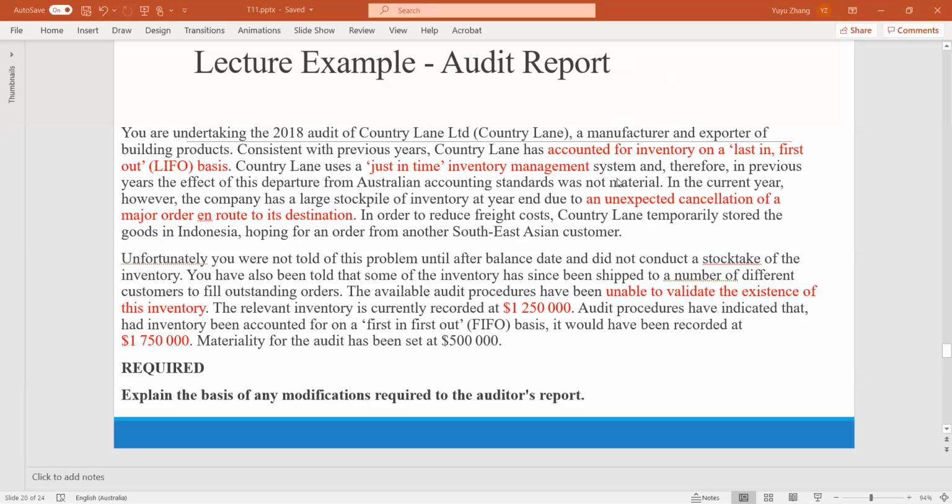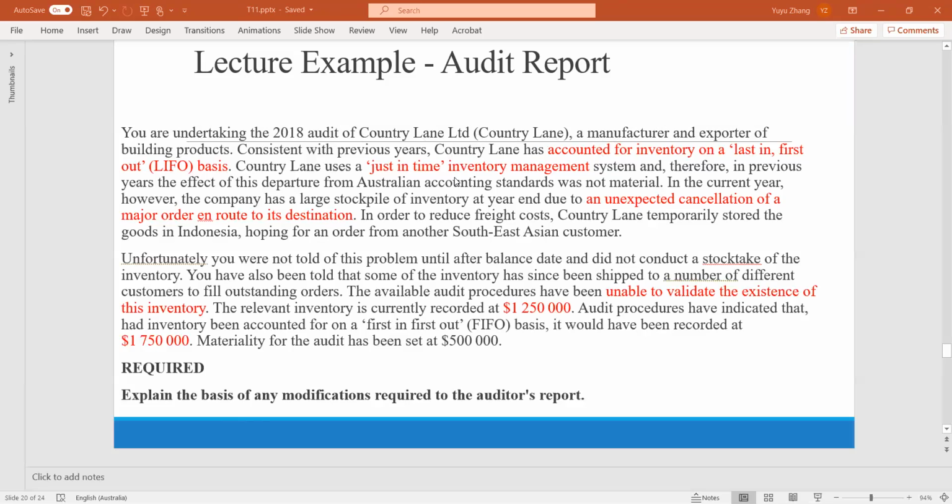So in this question, the difference is there's nowhere to indicate the situations are independent. So you need to consider all the situations in this case together, combined, comprehensively. Right? Okay. So the first part tells us the accounting for inventory is on the last in, first out LIFO basis.